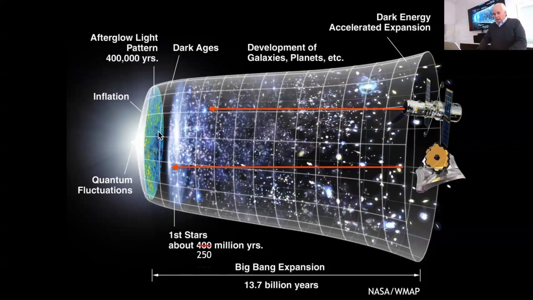And then after that, there was a period of a couple hundred million years. Well, by our standards, it's kind of long, but then the first stars began to form. And then after the first stars formed, the universe has continued to evolve, and things have changed.